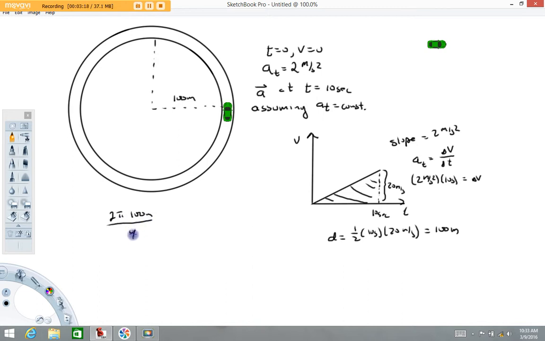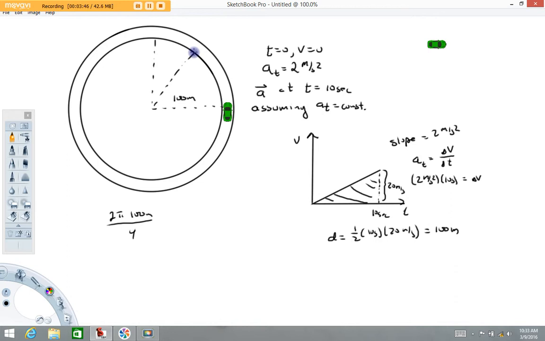If I divide that by 4, 2 times 3.14 times 100 divided by 4, I get 157 meters. So this is 157 meters to here. That means if our car has traveled 100 meters, it's right about here. The exact angle is not really important for the discussion.